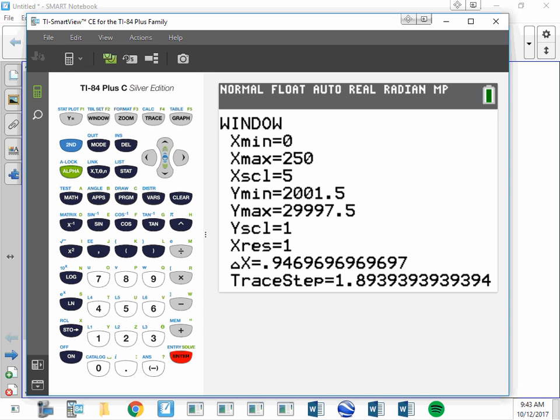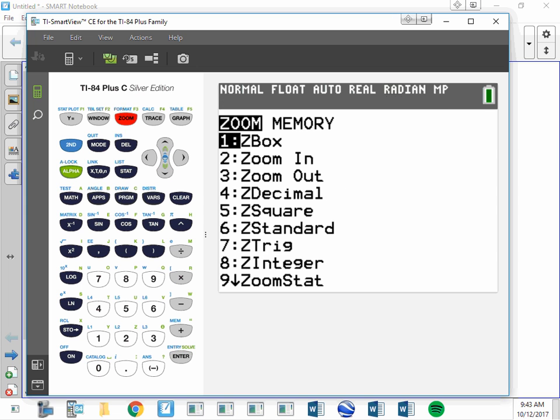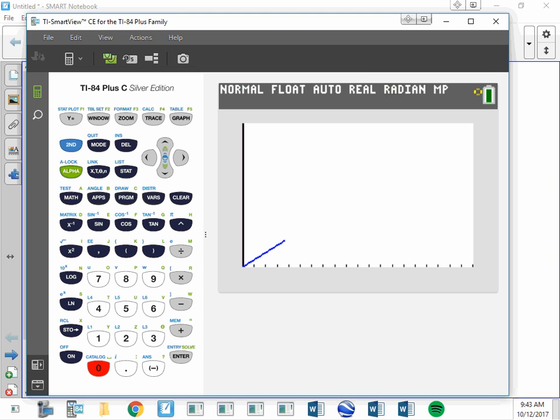So instead of 100, let's do 1,000. What should I count by? Probably not tens. 50s or maybe 100. 50 would be good. And then I'm going to push zoom 0 again. It's starting to curve.